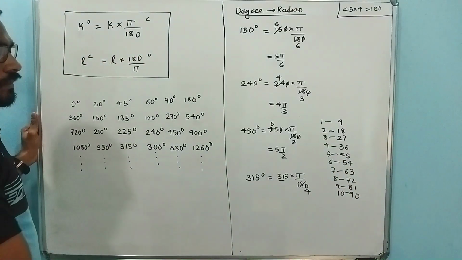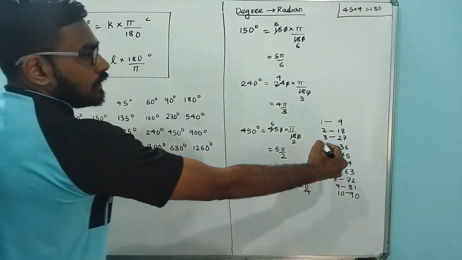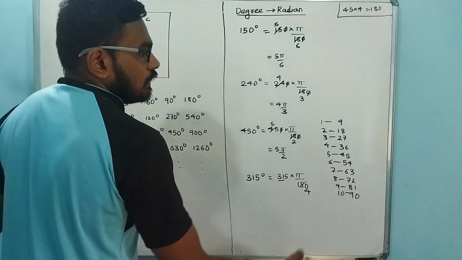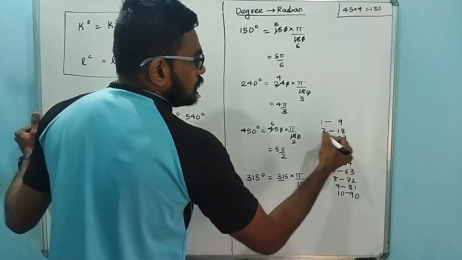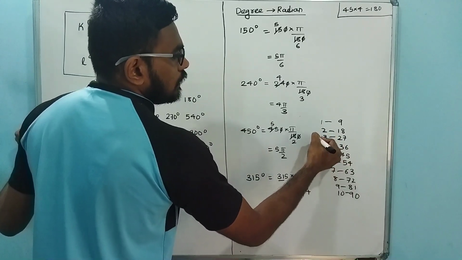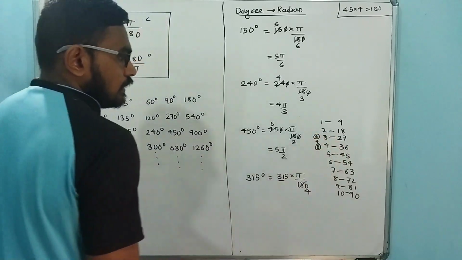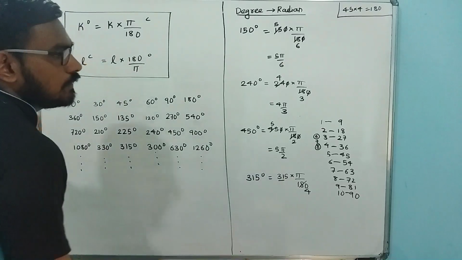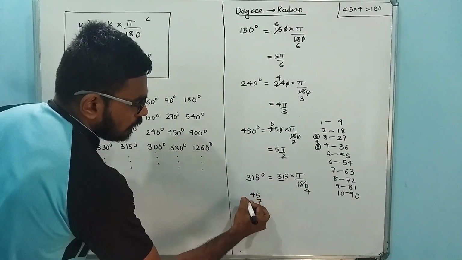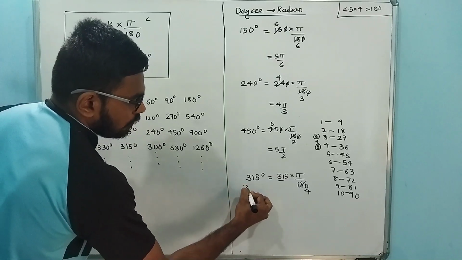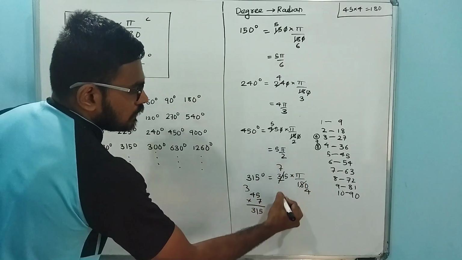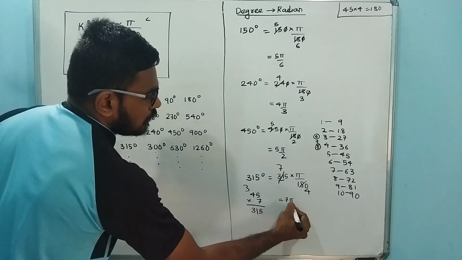Okay, so 31 is between this and this. So third and fourth. Okay, just double it. Double of 3 is 6. Okay, and double of 4 is 8. Number between 6 and 8 is 7. So that 315 should be 45 into 7. We'll check. Okay, this is 7. So 7 pi by 4.